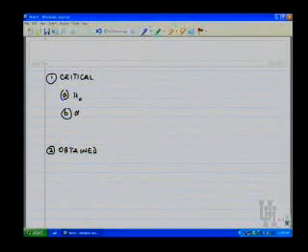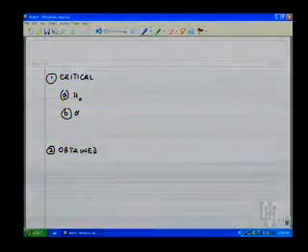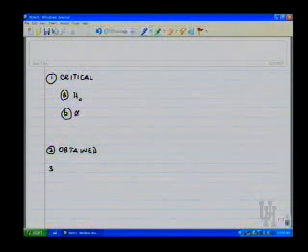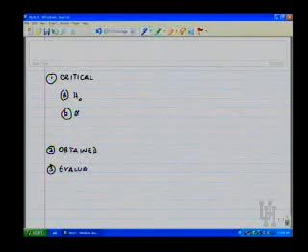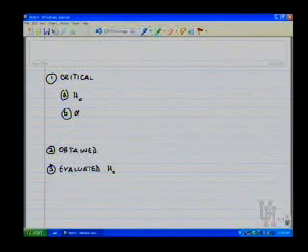X bar 1 minus X bar 2 is the numerator, the square root of s1 squared divided by n1 minus 1 plus s2 squared divided by n2 minus 1 as the denominator. And we then evaluated the null hypothesis by comparing those two scores.